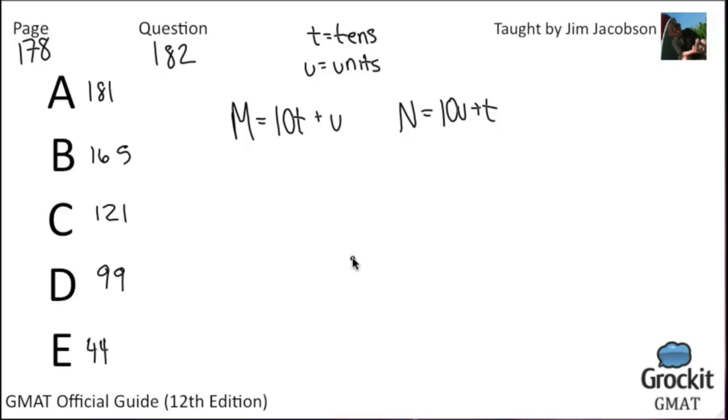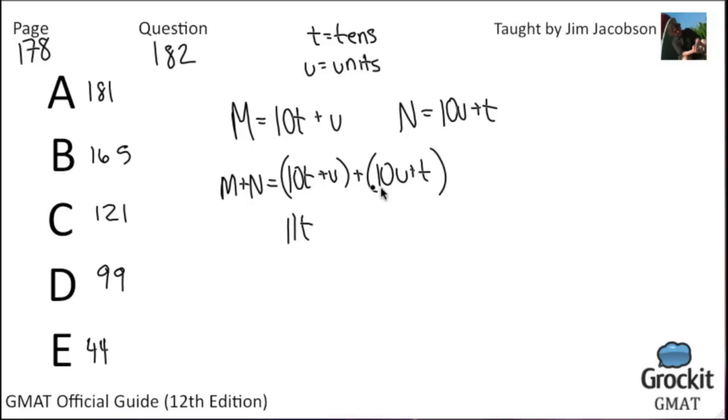So then we need to figure out the sum of m and n. We can just add them together. So m plus n equals 10t plus u plus 10u plus t. 10t plus 1 more t equals 11t. 1u plus 10 more u equals 11u.